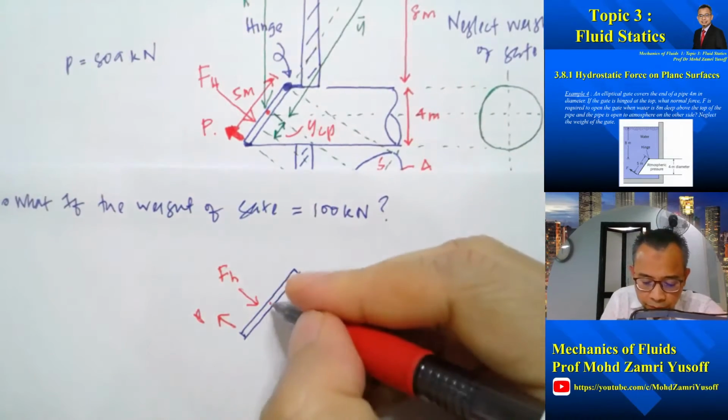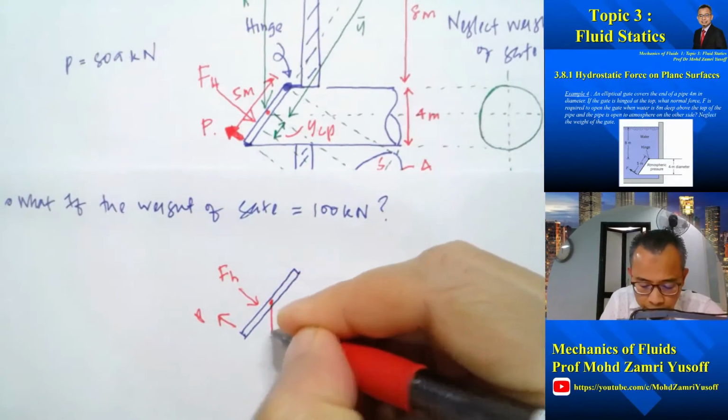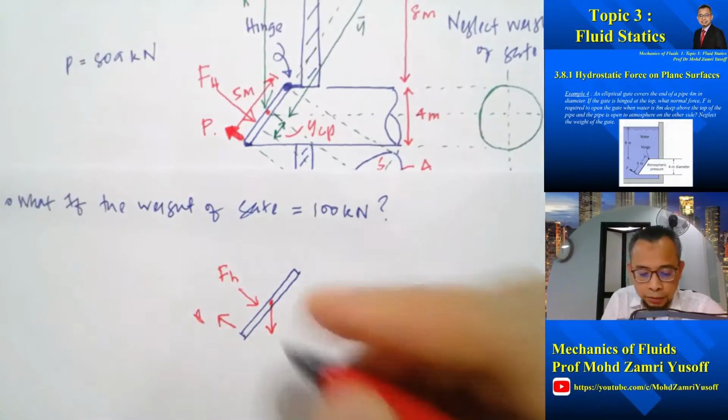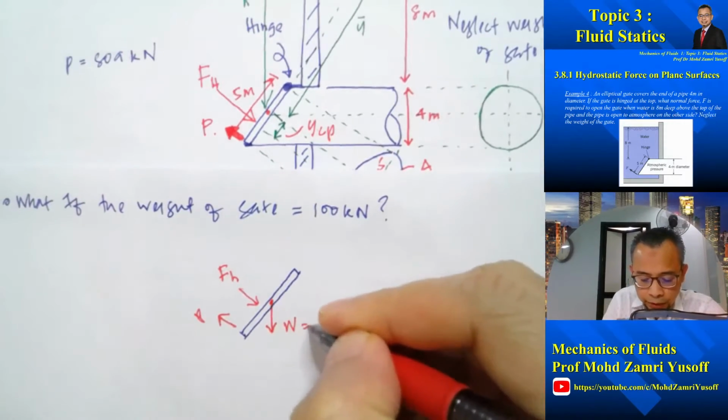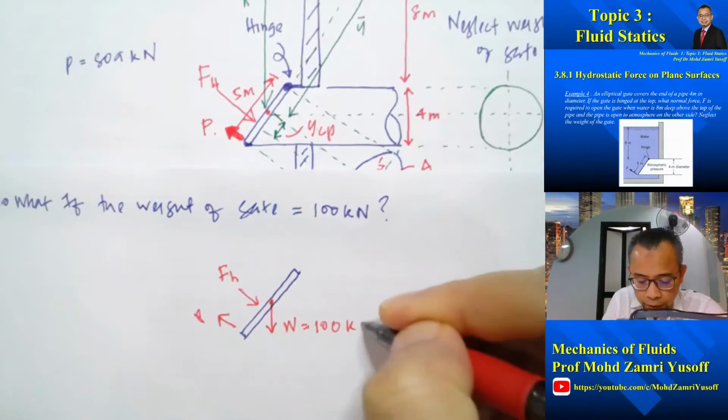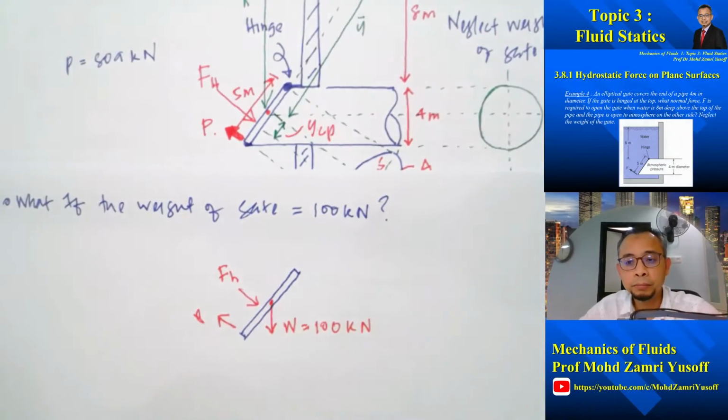So now we will have another force acting from the center of gravity of the gate, which is equal to W. In this case, it's equal to 100 kilonewton.